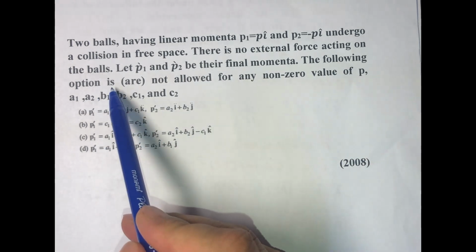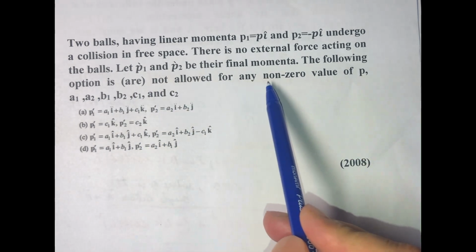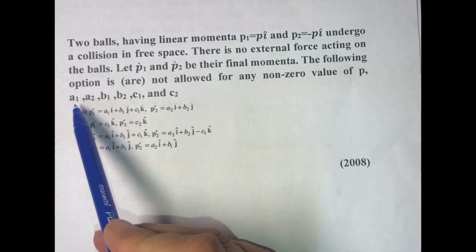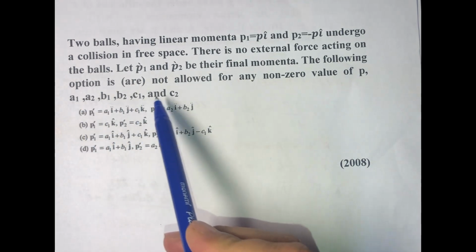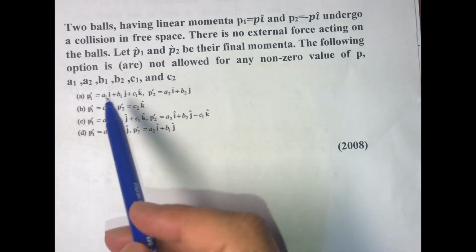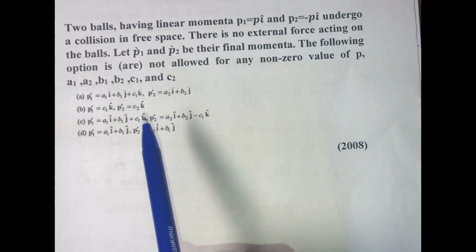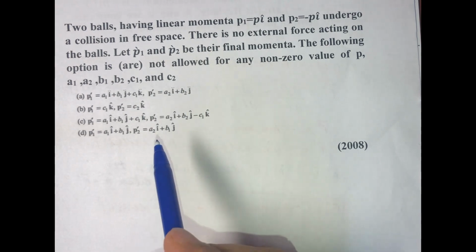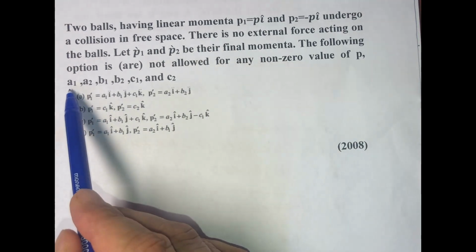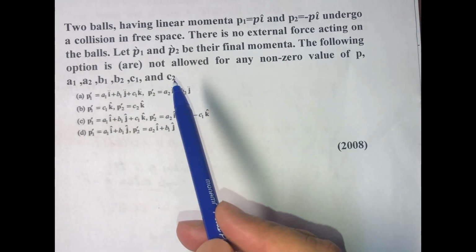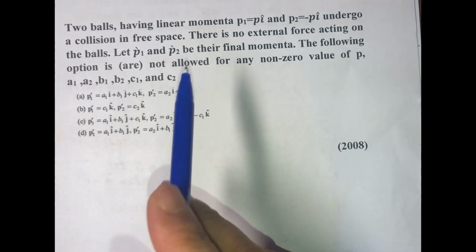The following option is or are not allowed for any non-zero value of P, A1, A2, B1, B2, C1 and C2. So these are the final values of P1 prime and P2 prime, that is the momenta after the collision, and it is said that all these values are non-zero. So we have to find out which of them will be true.